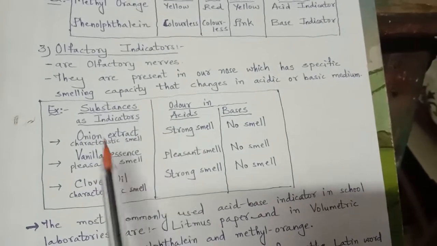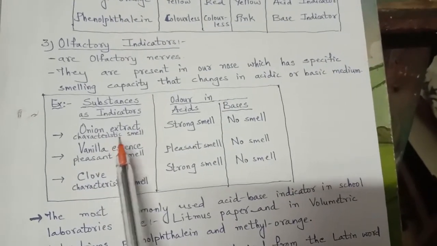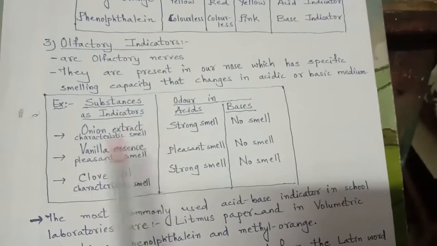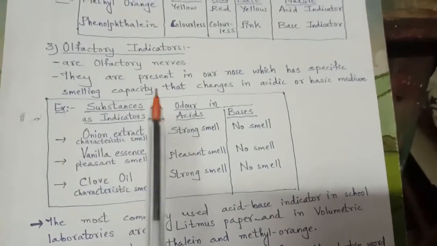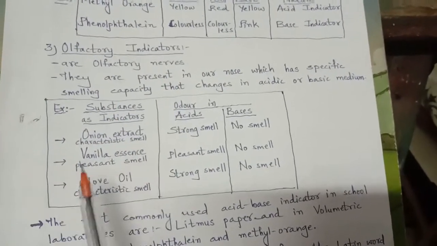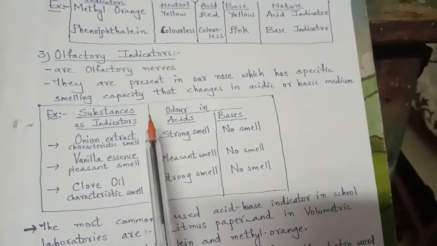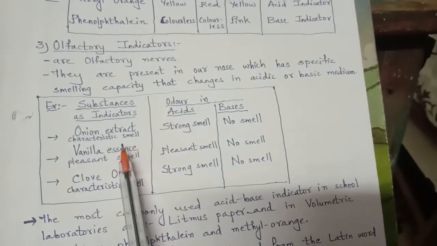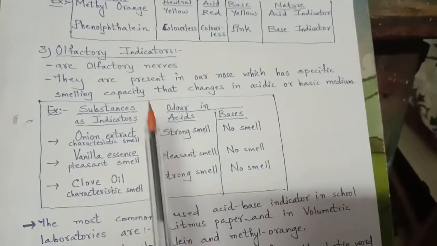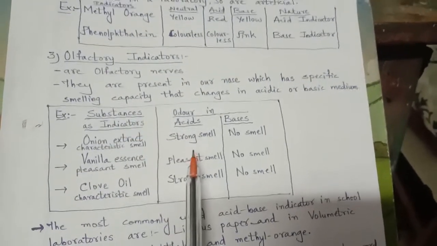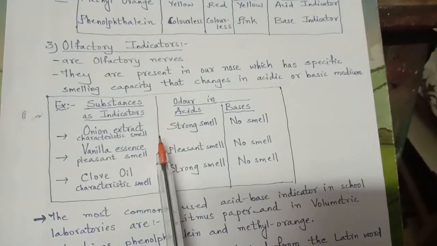Garlic, onion, these are typical vegetables which give a peculiar specific smell, and we easily say that it is garlic smell, it is onion smell, right?